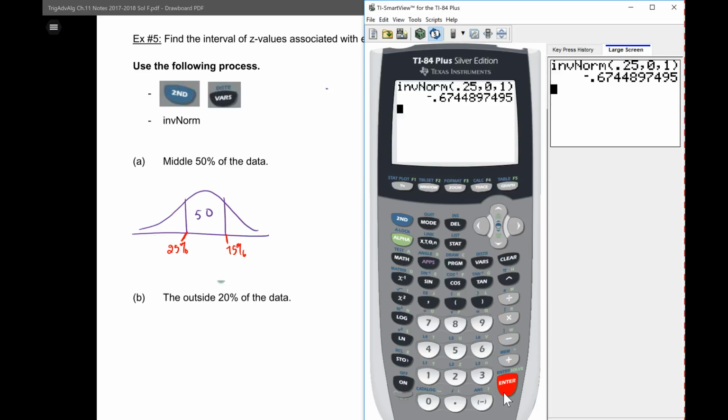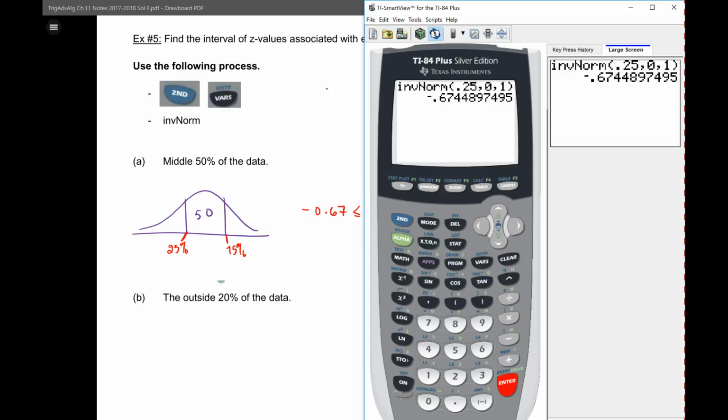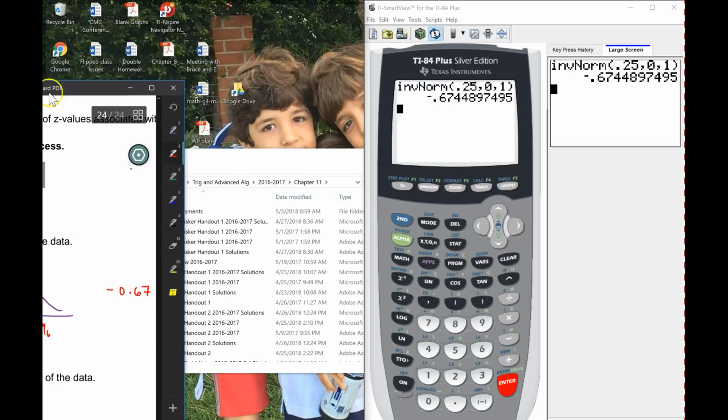Okay, and here we get negative 0.67. So I write that here, negative 0.67. Now, z less than or equal to, and then I'm going to do it again for the upper part, 0.75.